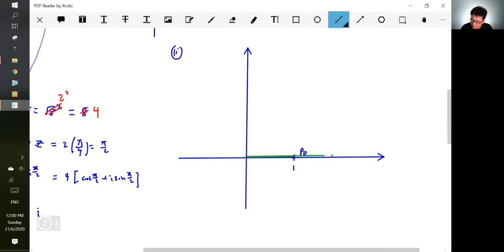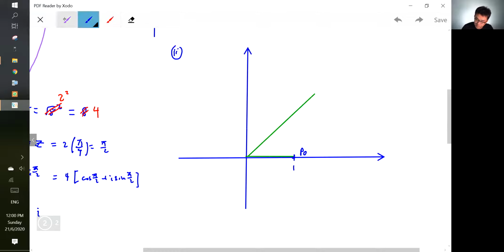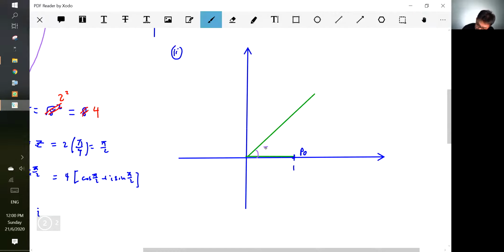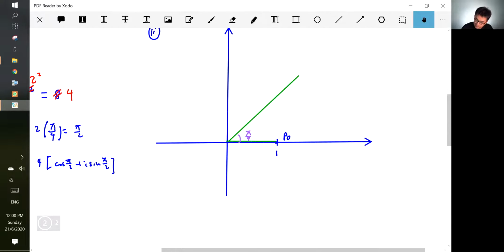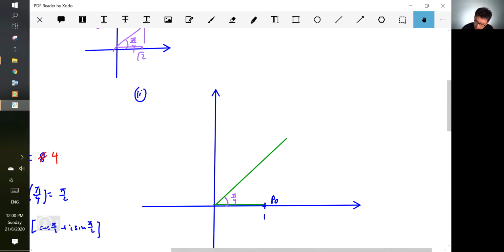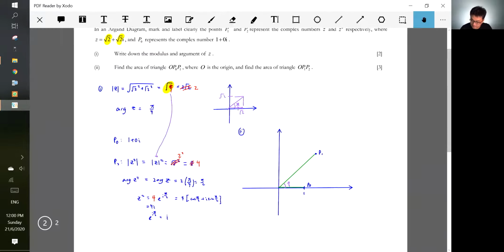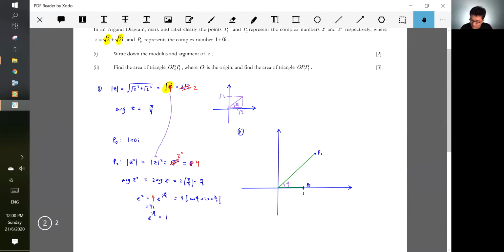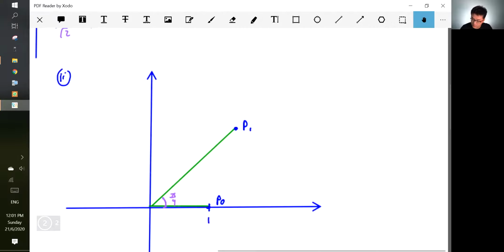Split it to half, pi over 4, two units. So this is P1.